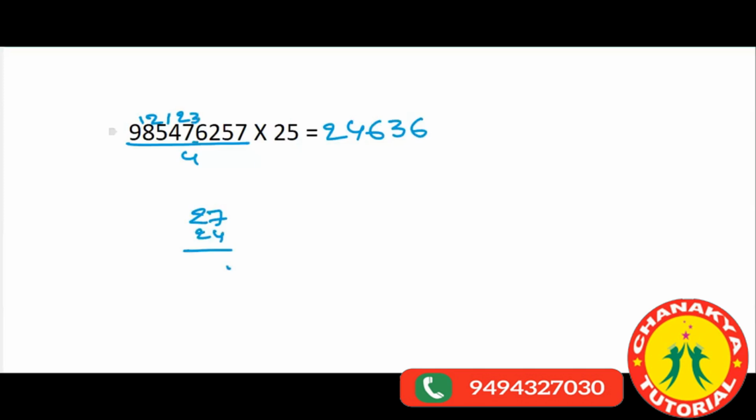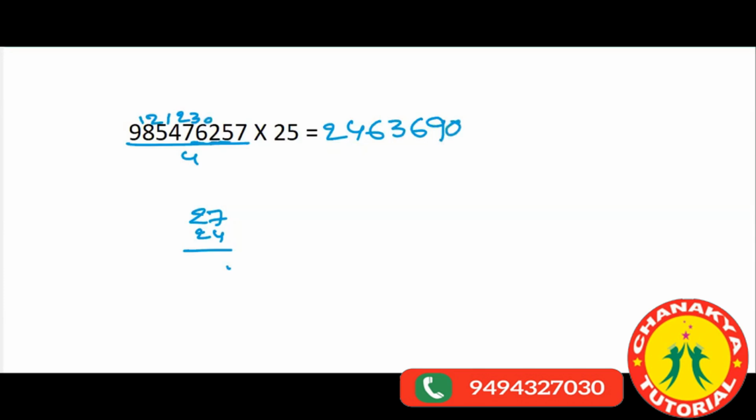Sir, 3. Now it is 36. 4 9s are 36 with remainder 0, means it is 0 2. With 25. No, how can you take 25 directly in the middle? We should take 0, sir.